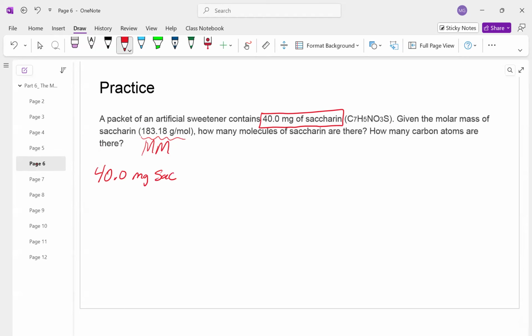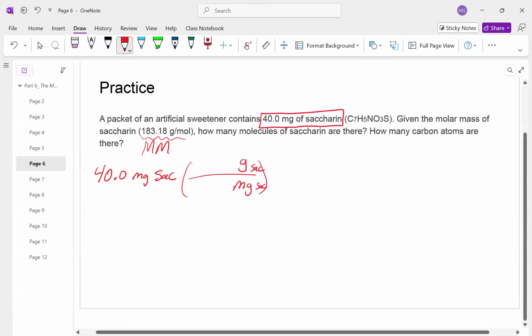Now, I am kind of in a little bind because molar mass is in grams per mole. I've been given milligrams. So my first step should be to convert to grams. I want to go from milligrams of saccharin to grams of saccharin.